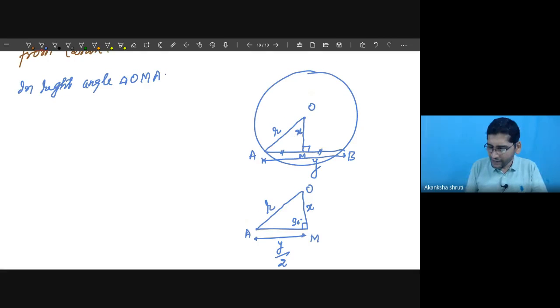Okay, student. Now in this right angle triangle, the hypotenuse OA square is equal to AM square plus OM square. Is it okay? Surely. Why? By Pythagoras theorem. Good. It is nothing but our Pythagoras theorem.